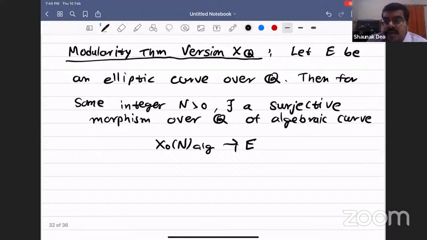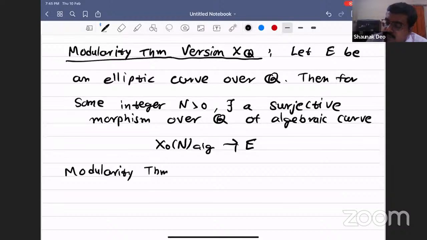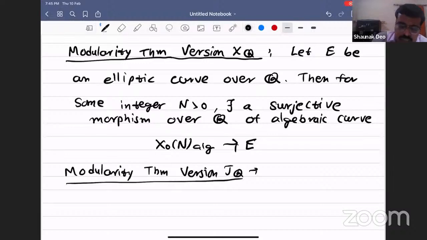And then similarly, I can give a Jacobian version, and I can also give an abelian variety version. So let me give them first. Modularity theorem, version J_Q. Now instead of this, we have a version over the Jacobian.